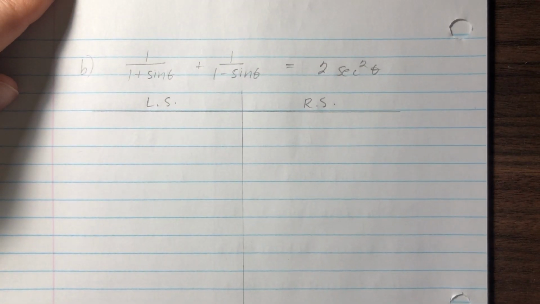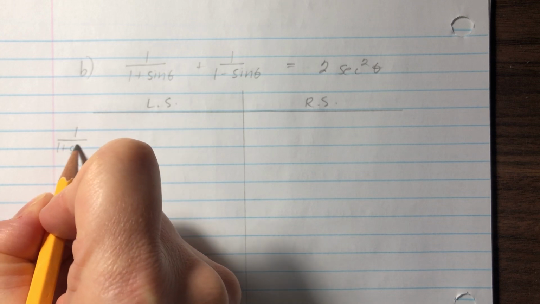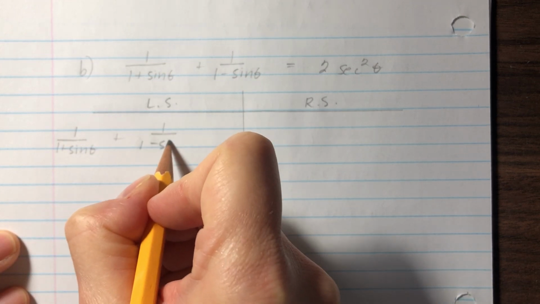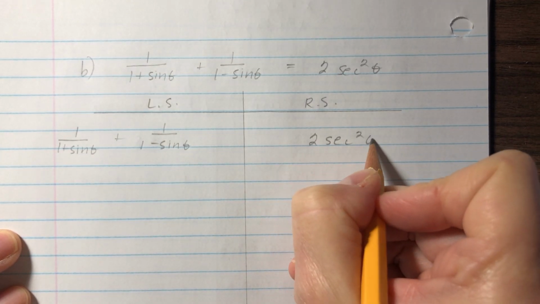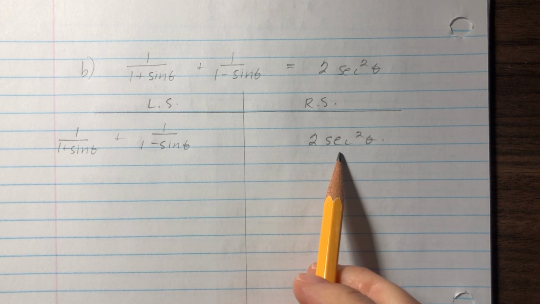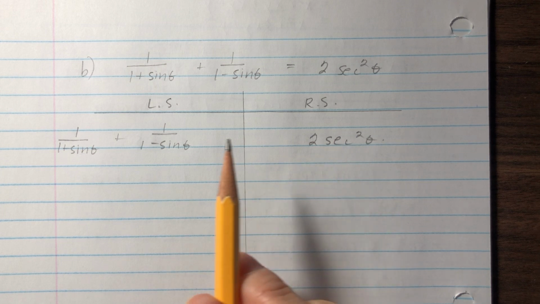Let's look at another example here. I have on my left side 1 over 1 plus sine theta plus 1 over 1 minus sine theta being equal to 2 secant squared theta. Now I see that there's only two primary trig ratios involved, but there's no way for me to rewrite secant in terms of sine.